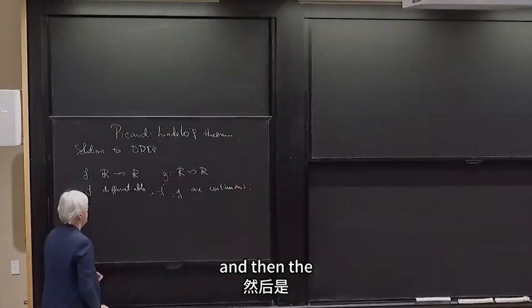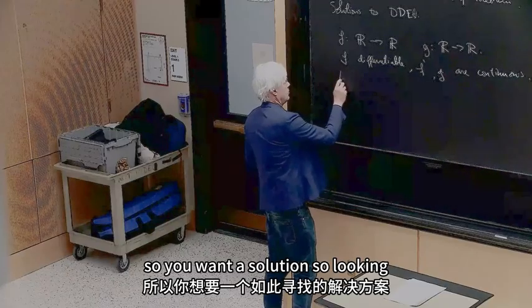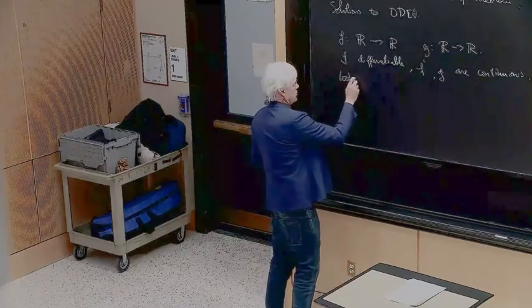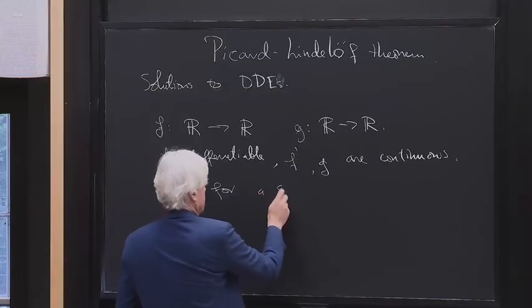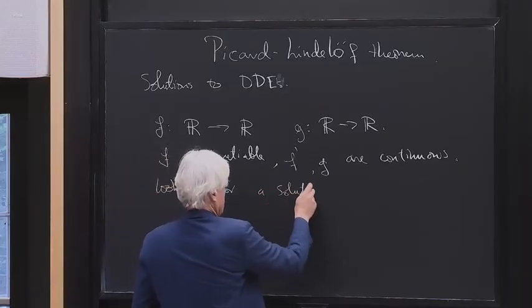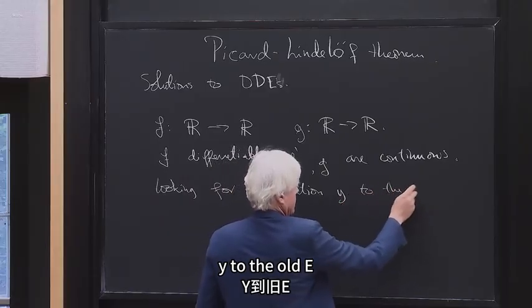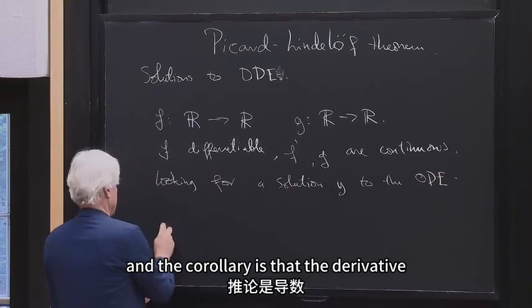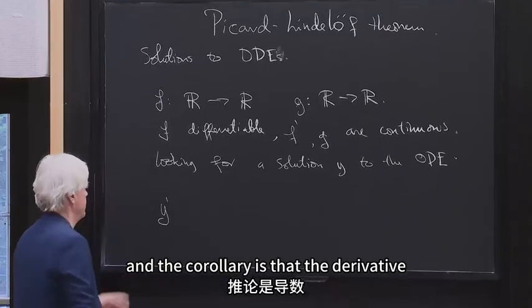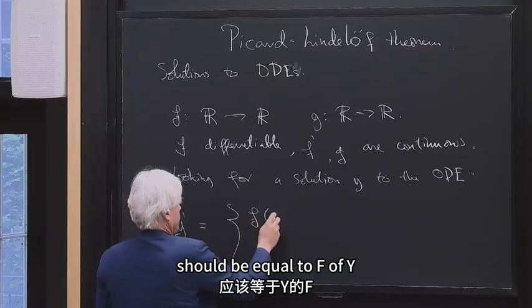Then the problem is that you're looking for a solution y to the ODE, and the ODE is that the derivative should be equal to f of y.